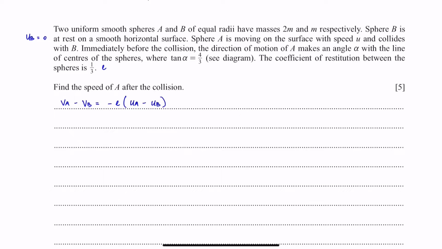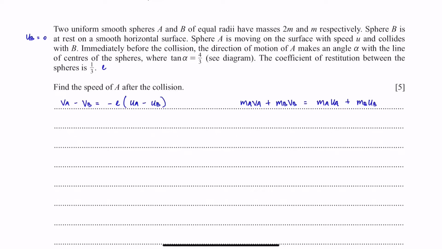Another is the principle of conservation of momentum, which is the mass of A times VA plus the mass of B times VB equals mass of A times UA plus mass of B times UB.